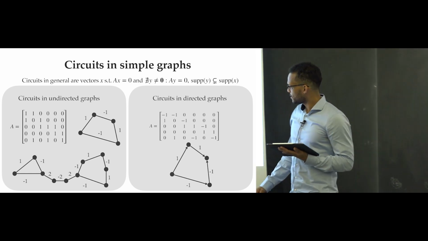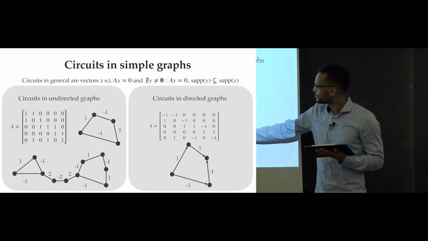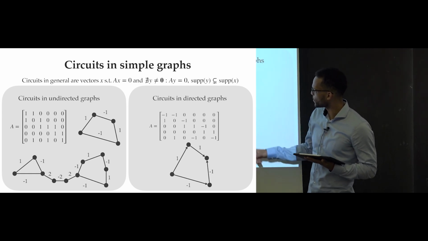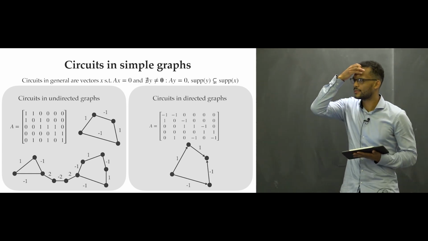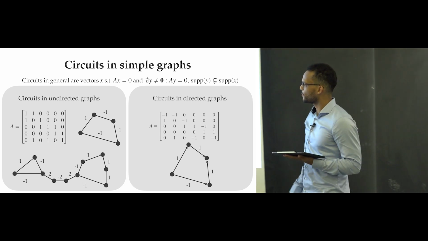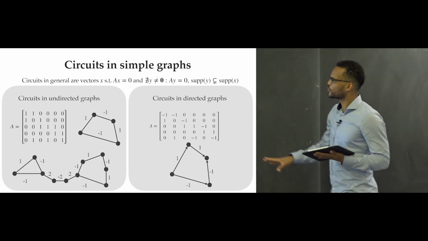Essentially you look at the undirected version of that graph, and then depending on the direction, you have ones and minus ones on that cycle. Circuits for undirected graphs are a bit more complicated. So again, to give an intuition, what are we trying to achieve?